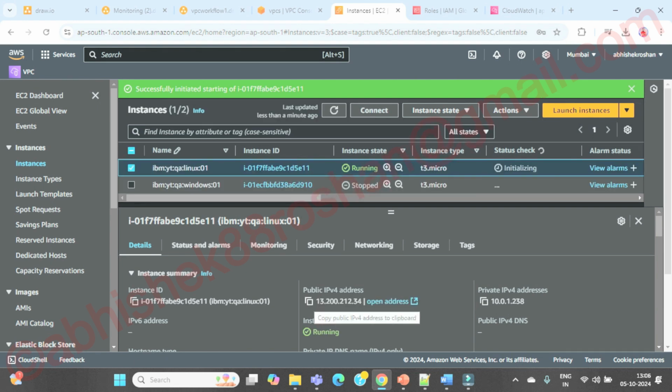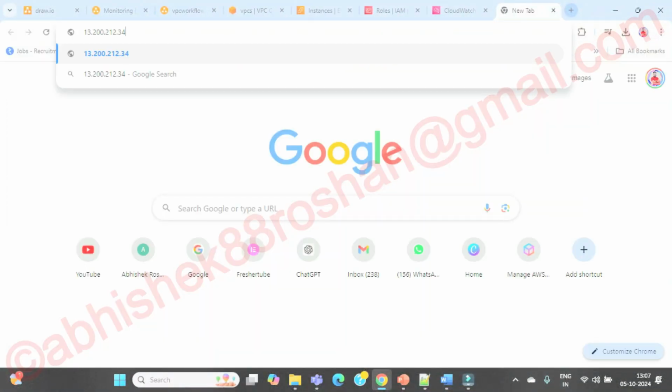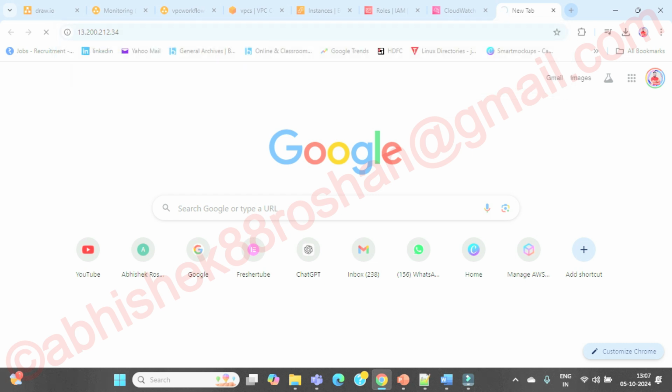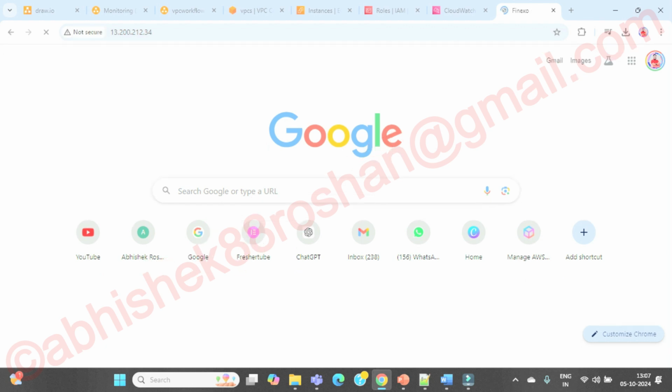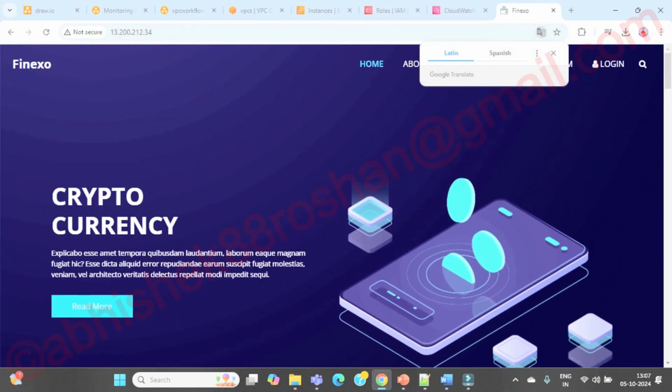Yeah, so now you can see the public IP is visible for us, and if you try to open the website which we have deployed on our HTTPD server, this is the website, correct, guys?